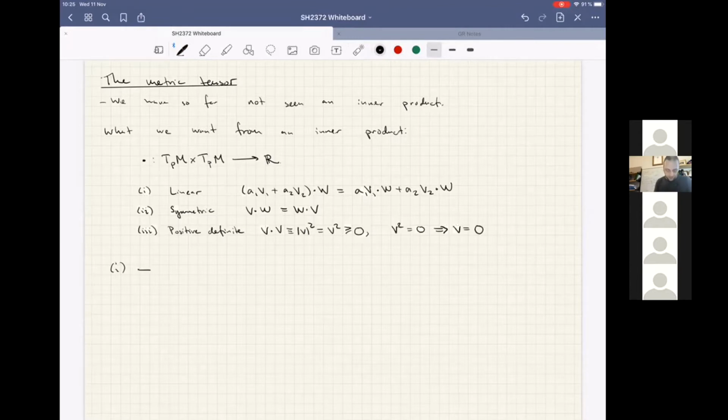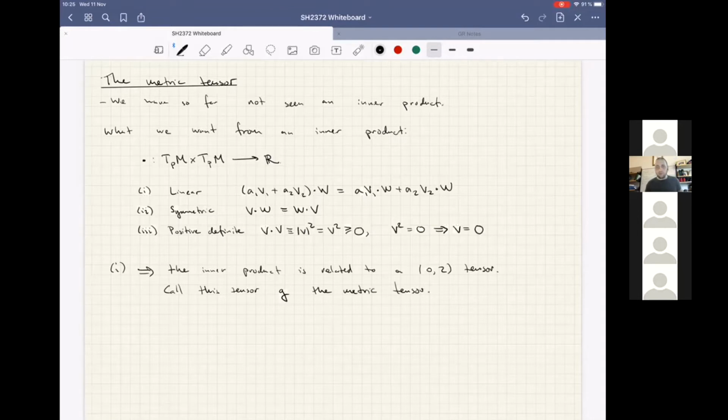So this is going to tell us that the inner product is related to a 0-2 tensor. And then we're going to call this tensor G, and it's the metric tensor.